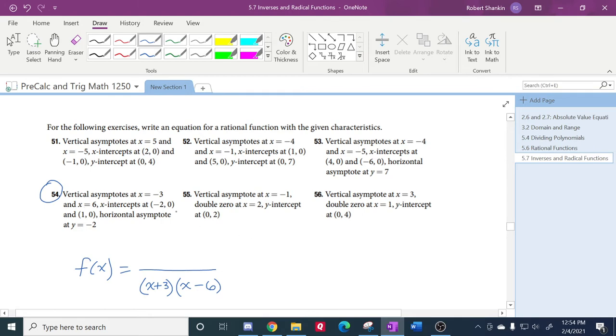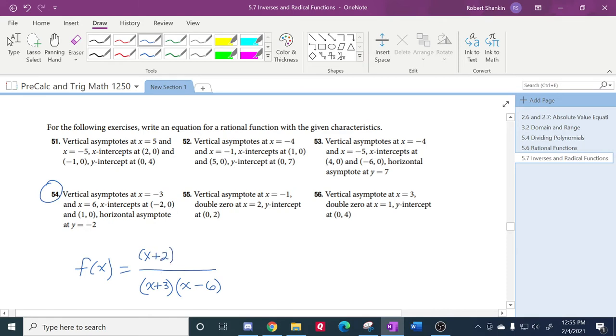Okay? Then it has x-intercepts at -2, 0. What this means is when you put -2 in for the x, it'll cause the y to be 0. Now I could put minus -2, or I could just put +2.